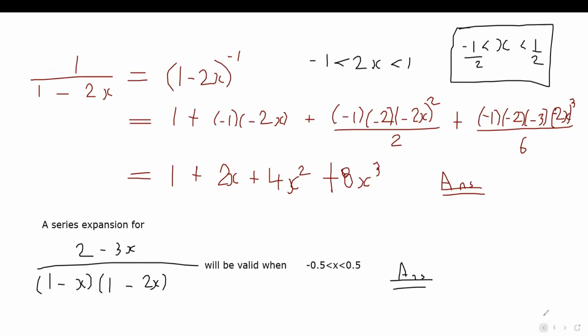I'm just going to add them, and it would end up being equal to 2 minus 3x over 1 minus x times 1 minus 2x. We can say this is equal to 2 plus... you want to know where we get the 2 from?